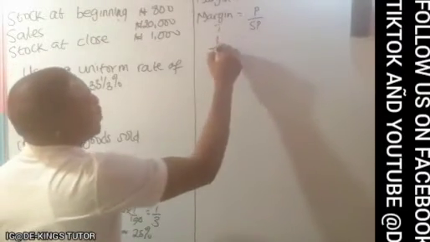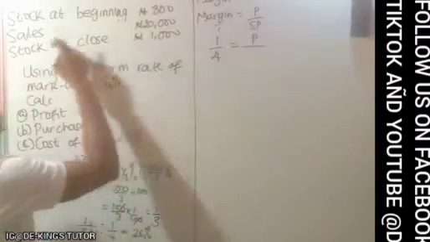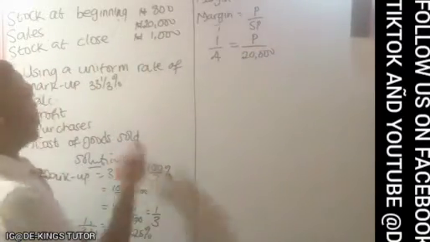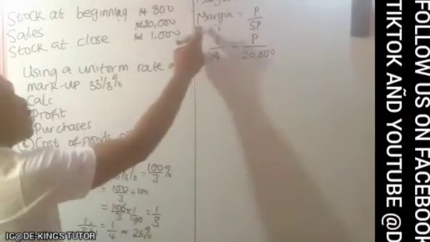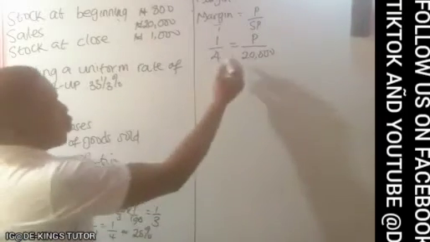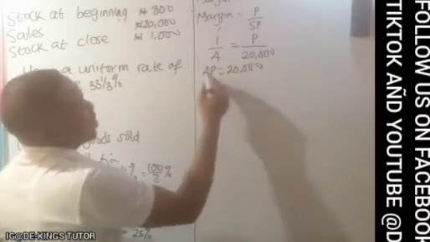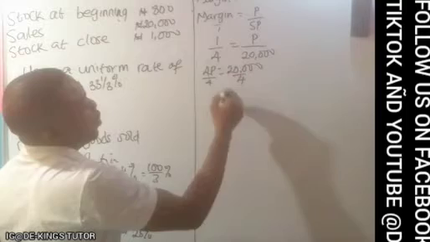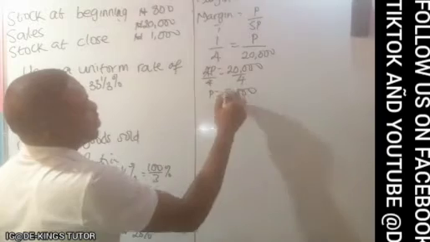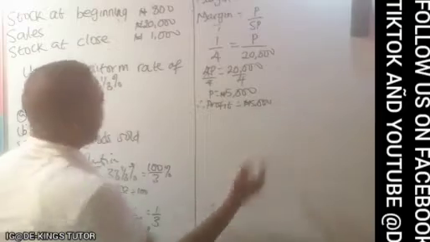So we have 1/4 equals profit, which we don't know yet, over sales of 20,000. We can use this to get the profit, which is the first thing they're asking us to find. If we cross multiply, this gives us 4P equals 20,000. To get P, we divide both sides by 4. Our P, which is the profit, is now 5,000 naira. Therefore, the profit is 5,000 naira. That's the first one.